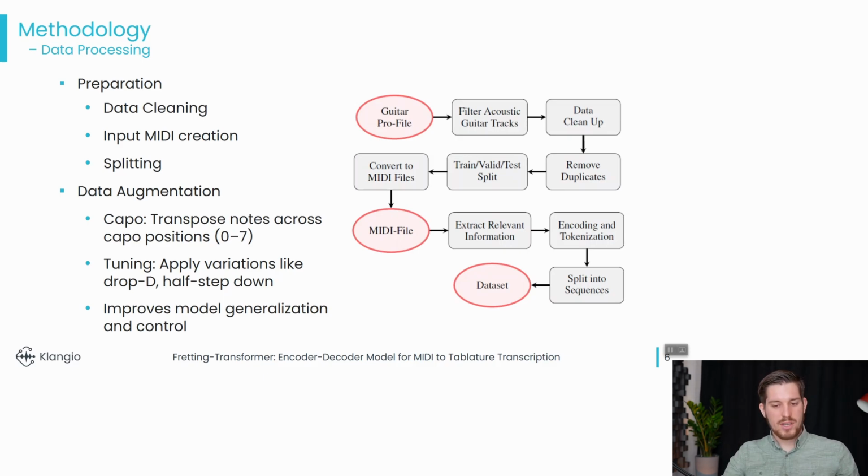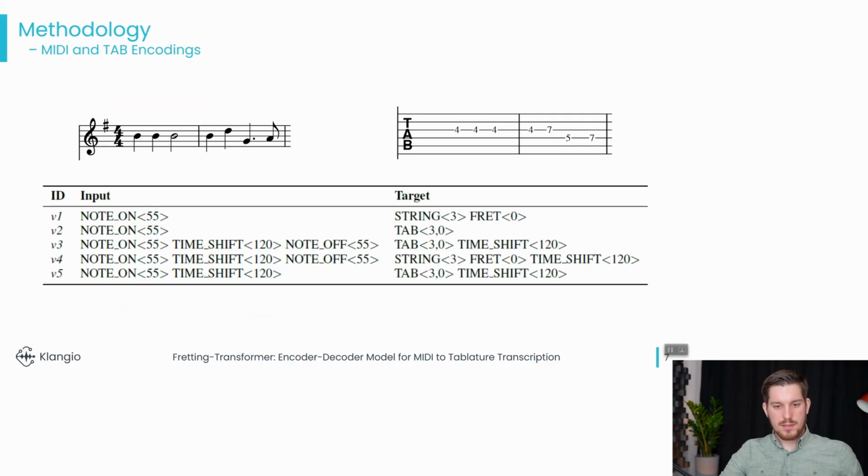First of all, we apply a random capo augmentation that transposes the notes across the fretboard, and we do a random tuning application to have a more balanced dataset that is not that heavy on the standard guitar tuning side. And we will see that this improves the generalization and gives us control to also prompt specific tunings or capo positions.